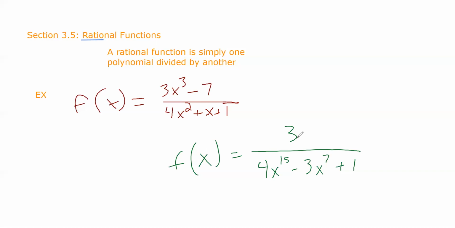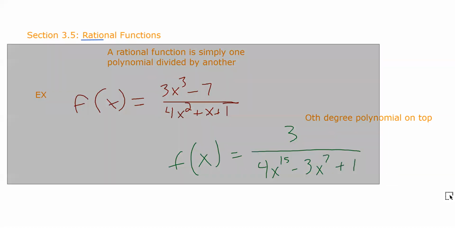But what we're actually going to tell ourselves is that this is a 0th degree polynomial on top. That's what we're going to say. And that's exactly what it is. That's not just something we're making up. So a rational function is no more than one polynomial divided by another.